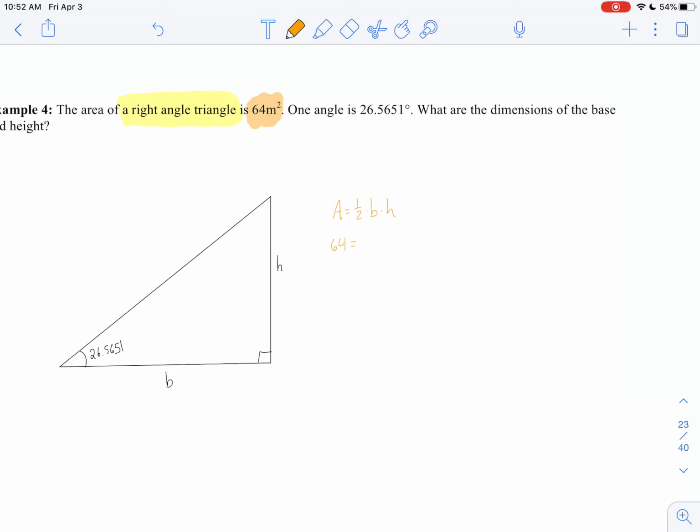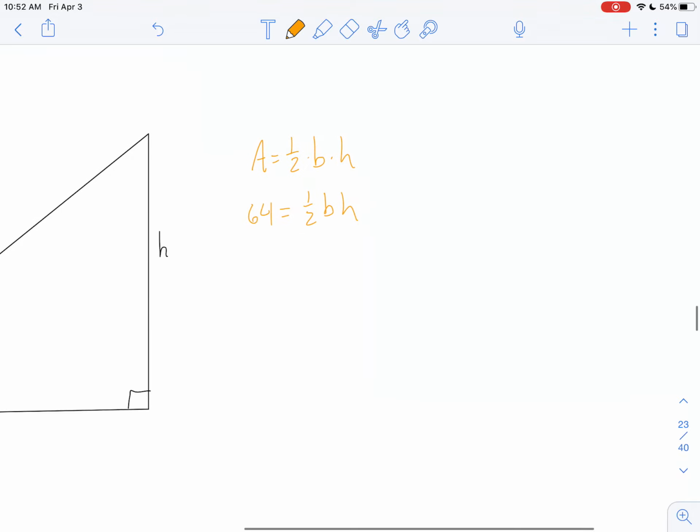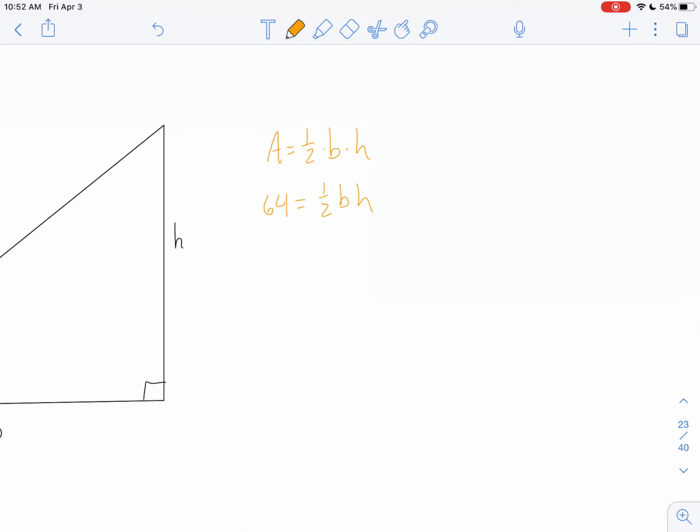So 64 has to equal 1/2 times the base times the height. I'm going to simplify this slightly and multiply both sides by 2 to get rid of that 1/2. That's the same as saying 128 equals base times height.